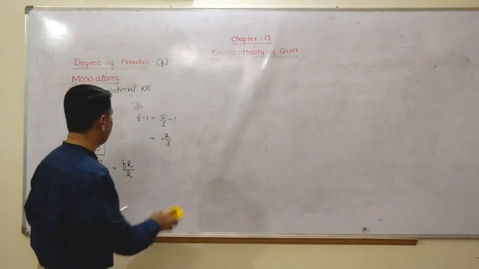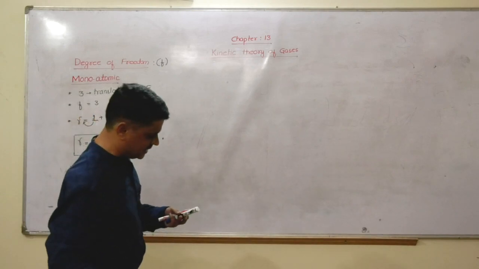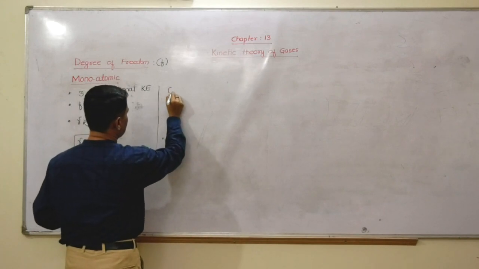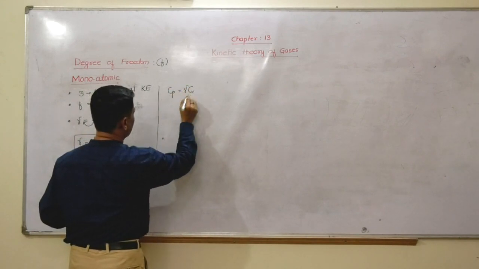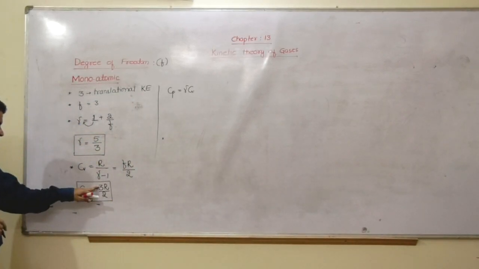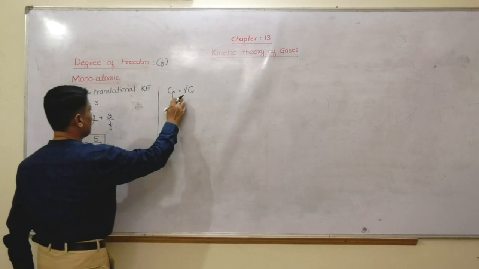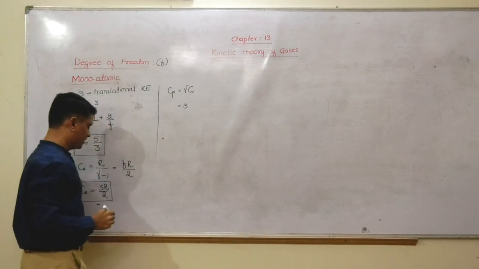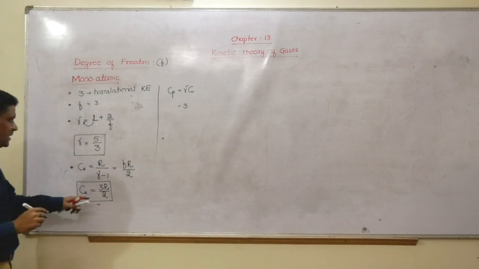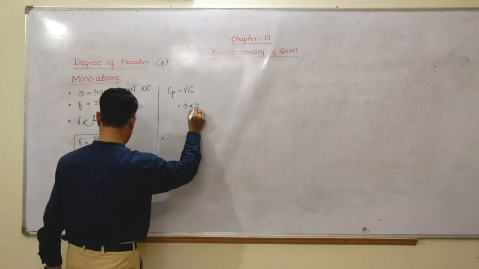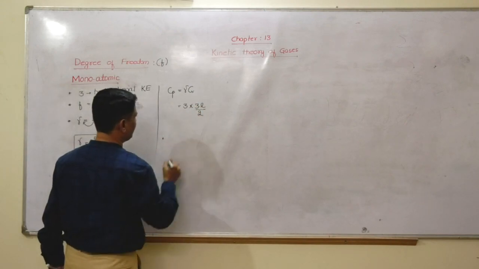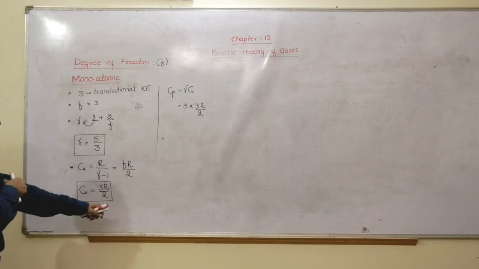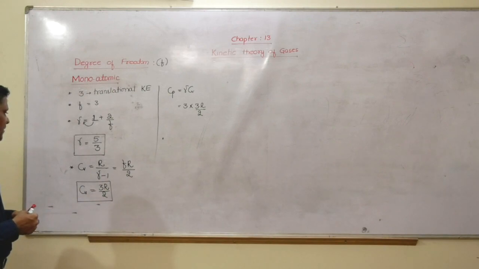Then Cp is equal to gamma into Cv. Already Cv is 3R by 2. Check the calculation once, because somewhere I made a mistake.